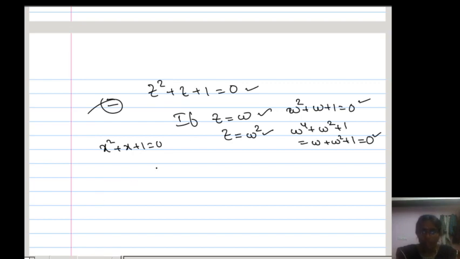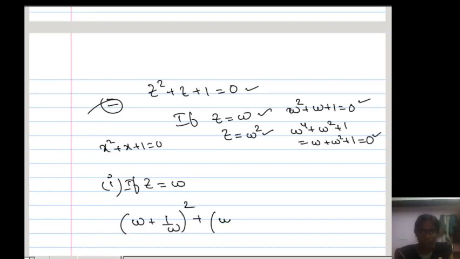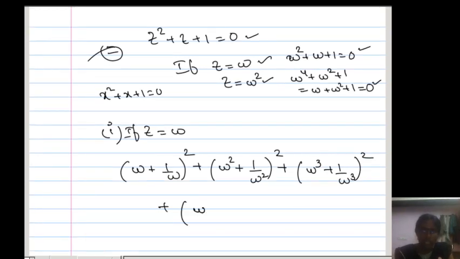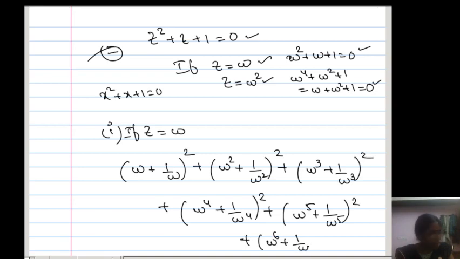So if we substitute z = ω, case 1, what is LHS? (ω + 1/ω)² + (ω² + 1/ω²)² + (ω³ + 1/ω³)² + (ω⁴ + 1/ω⁴)² + (ω⁵ + 1/ω⁵)² + (ω⁶ + 1/ω⁶)².